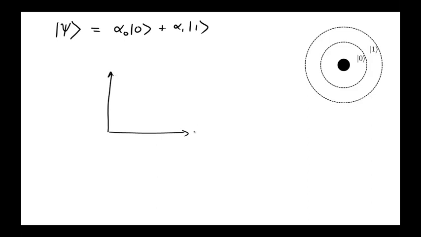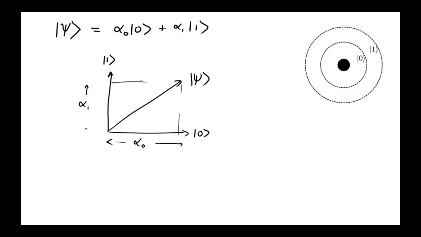This is the 0 state, that's the 1 state, and that's our state psi. It's a unit vector, so it sits on the unit circle. And now we can ask, well, what's alpha 0? Alpha 0 is this x-intercept, and alpha 1 is this y-intercept.